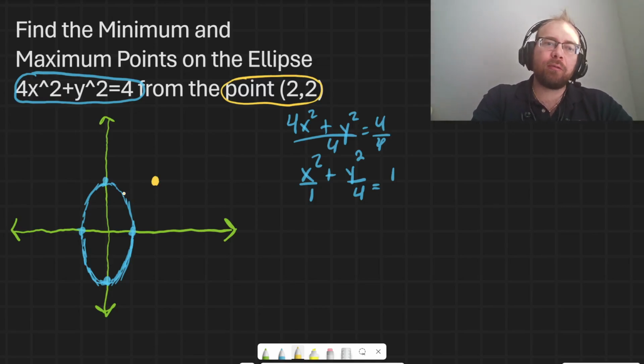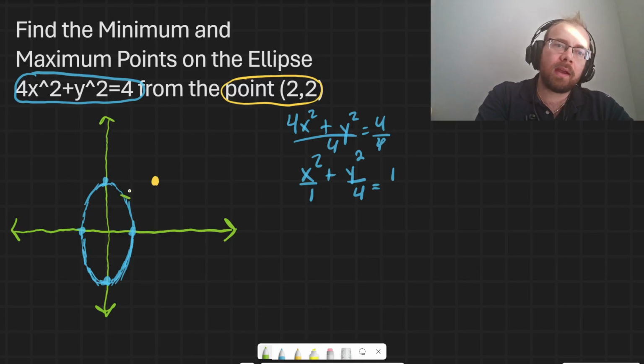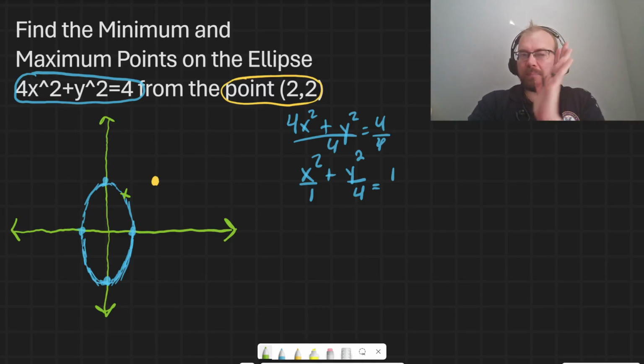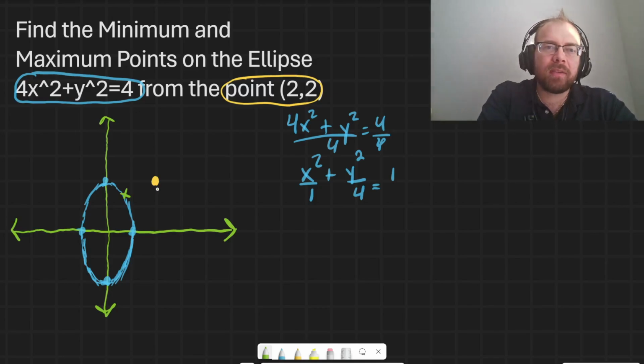But I have a feeling that somewhere in here, probably is the closest, somewhere in the range of like 0.8, 1.5, somewhere in that ballpark. And down there somewhere would be about the furthest away.